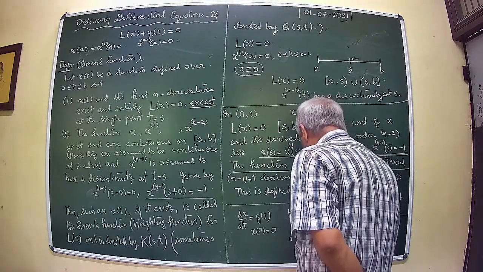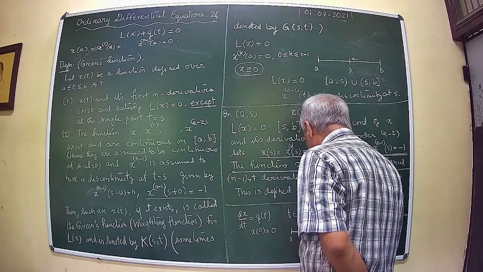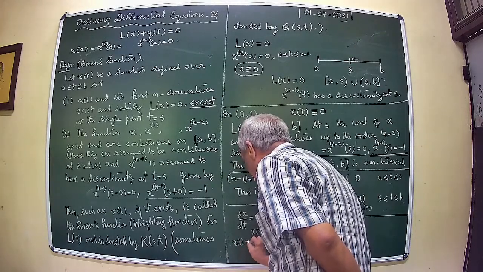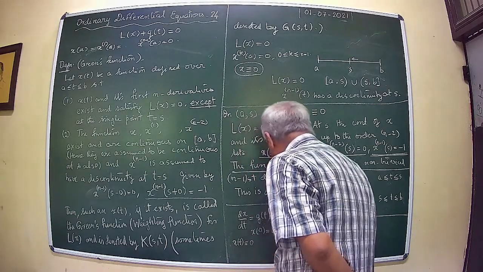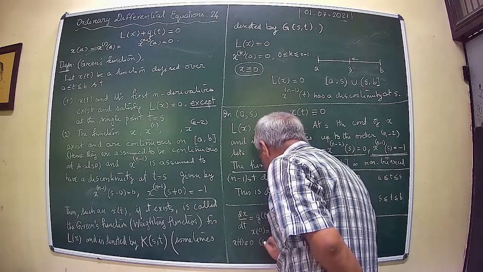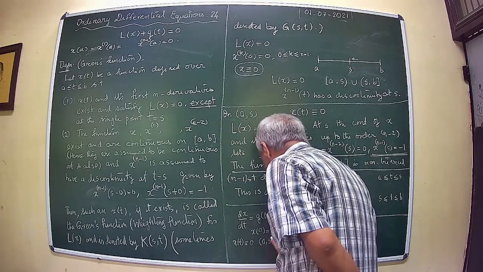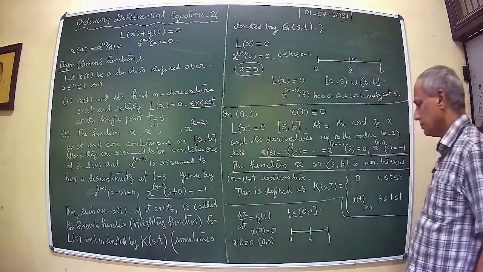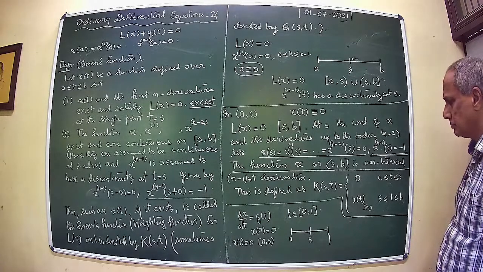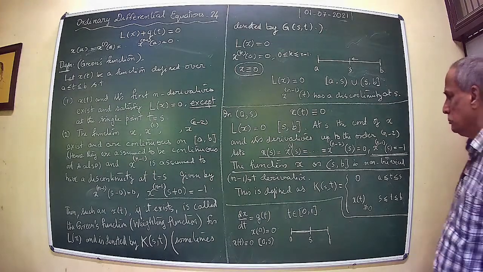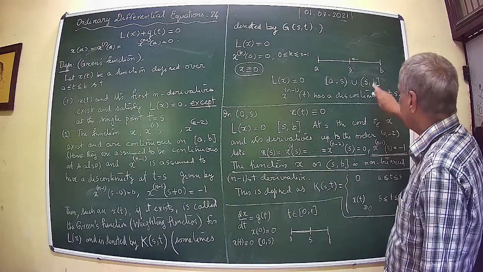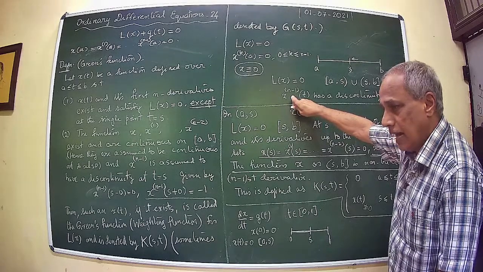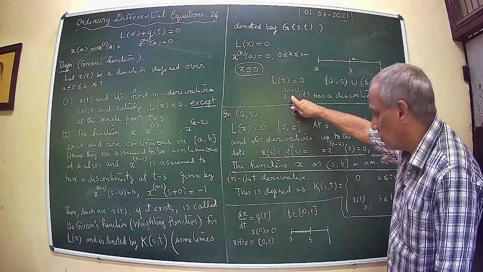You take s, and on this portion the function x(t) is identically equal to 0. Now you see that you are talking about the n minus first derivative, and n is in this case equal to 1.